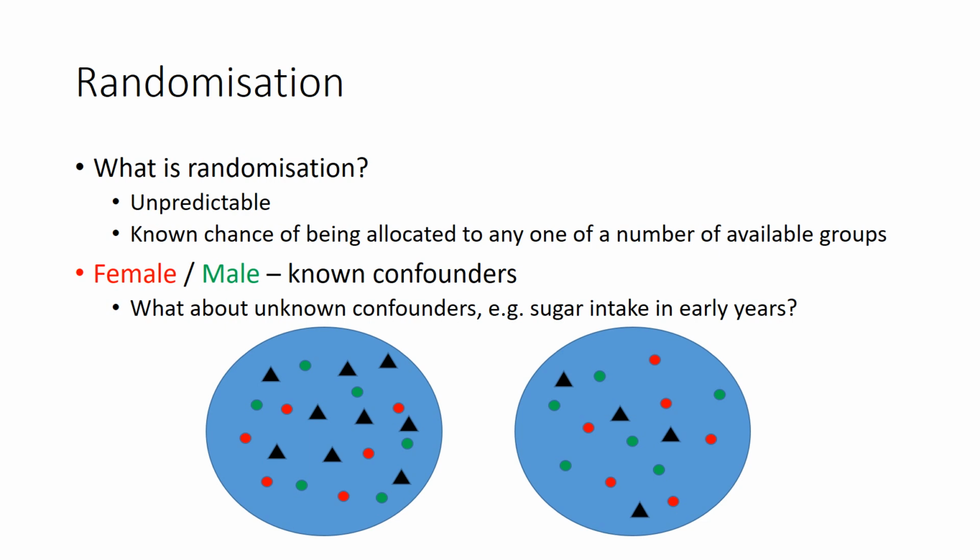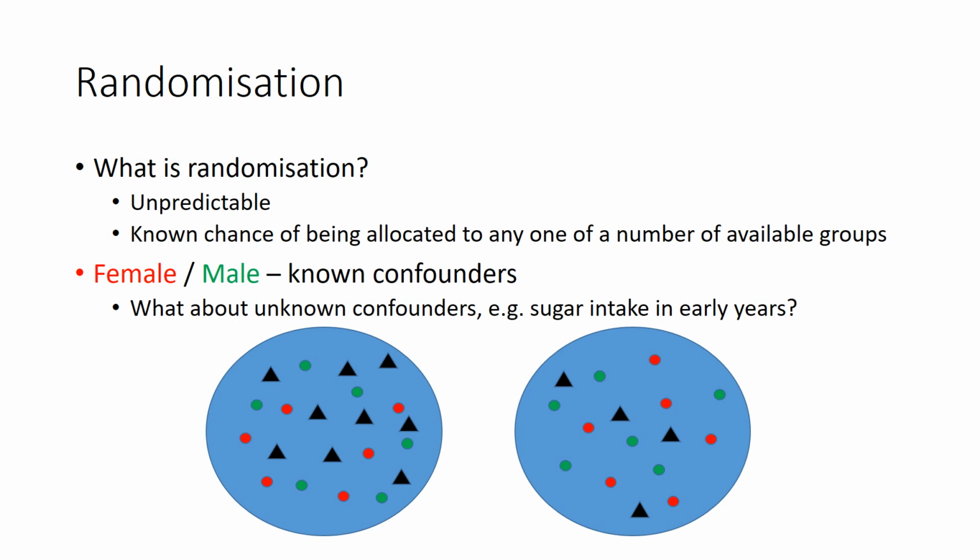If gender is important in terms of determining the outcome from a treatment, then we want to make sure that we've got an equal balance between the two groups, or at least the groups aren't systematically different. So that's important, and we can look at that and we can make a judgment. But importantly, what we also have are a range of factors that we don't know about that might be massively important in determining treatment outcome. And this is where randomization comes into its own.